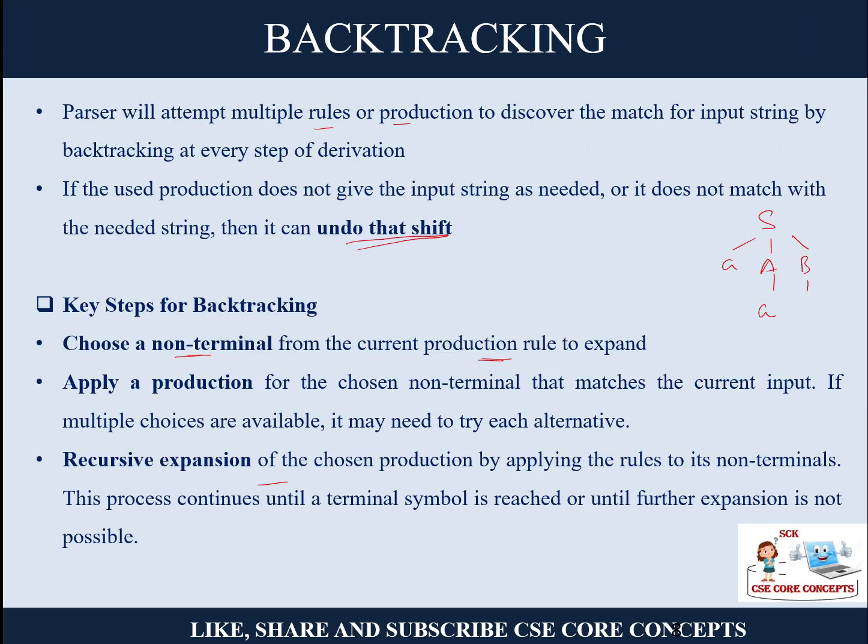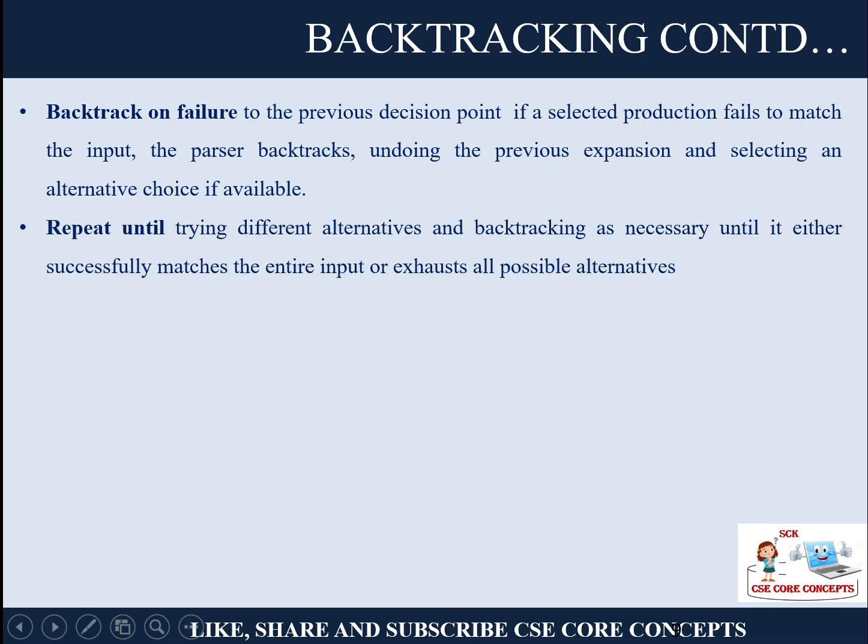But in case with these expansions you are not getting your desired output, then you can go back and perform backtracking. In case of a failure, where you fail to get the desired string, you can always backtrack and keep on trying all the alternatives until all the rules are over or you get your best possible match.